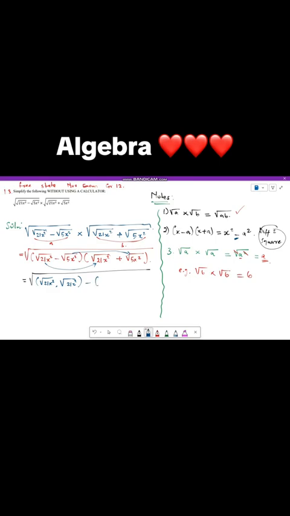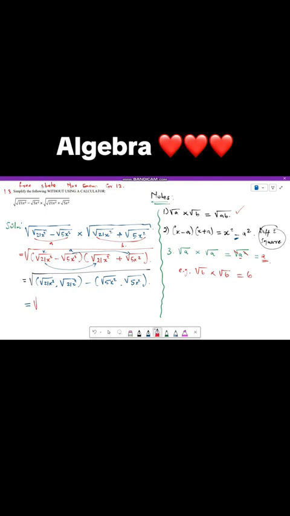Then we'll have the square root of 5x squared multiplied by the square root of 5x squared. Okay, so that's what we have there. So the value of x is definitely this one, and the value of a is definitely this one. So you can quickly go straight to that step. I'm just trying to show all workings so that everyone understands.